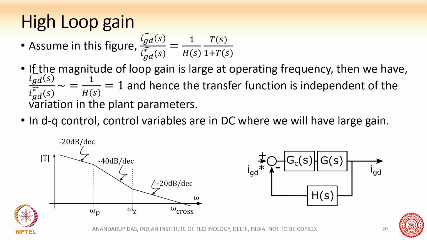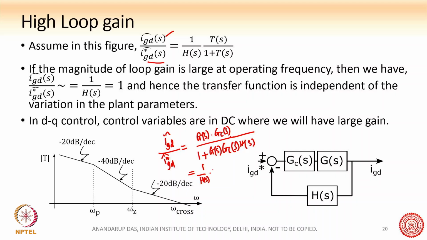Suppose you take an example, this Igd hat by Igd star, which is G(s) Gc(s) by H(s), and you can write it this way: Igd hat by Igd star is equal to G(s) Gc(s) by 1 plus G(s) Gc(s) H(s), so this will be equal to 1 by H(s) into T(s) by 1 plus T(s).